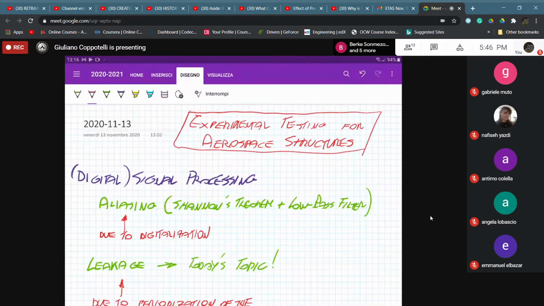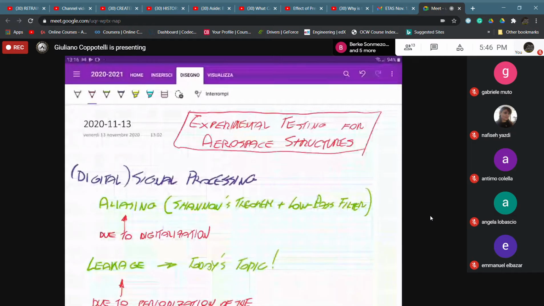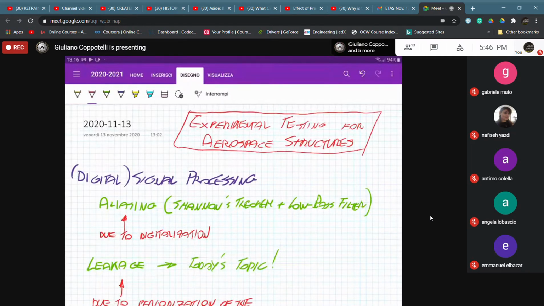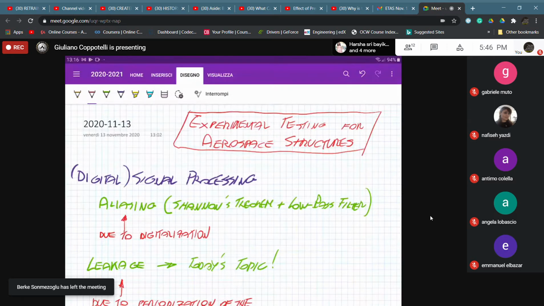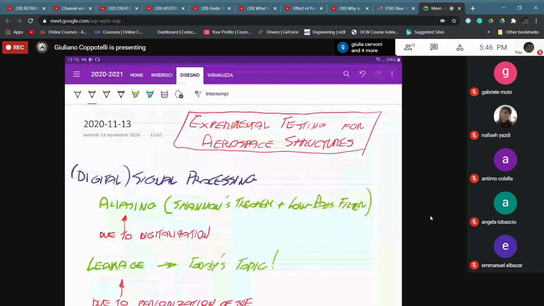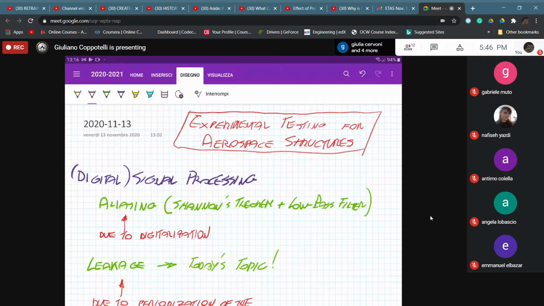In order to do that, there is Shannon's theorem that is helping you in trying to solve this problem. This Shannon theorem is just saying that your sampling frequency should be at least twice the maximum frequency of interest.